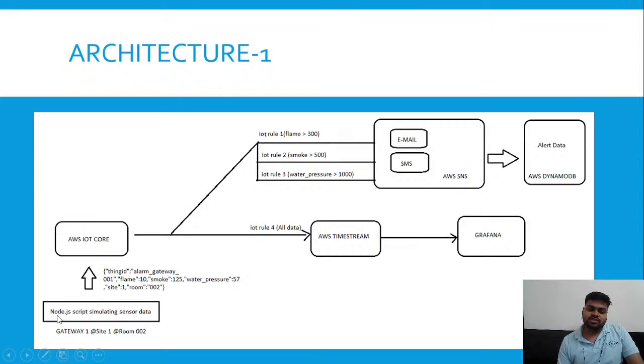Starting from the node.js script, which is generating random data for flame, smoke, and water pressure, we are storing it in AWS Timestream. Then this Grafana part is left.